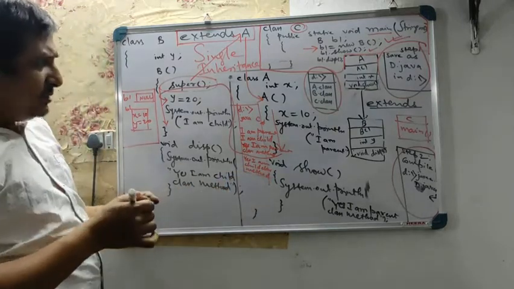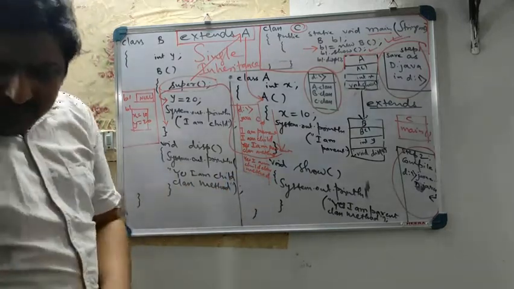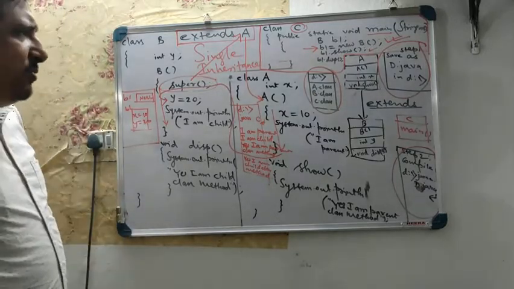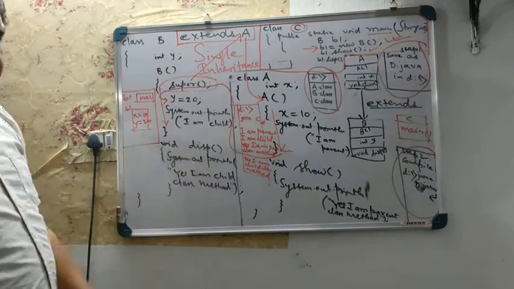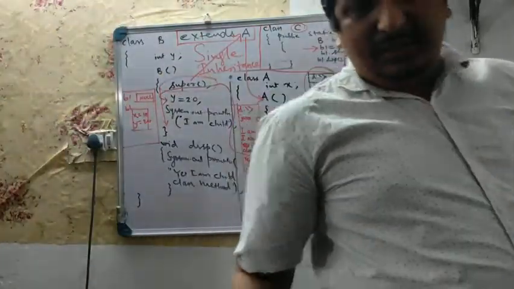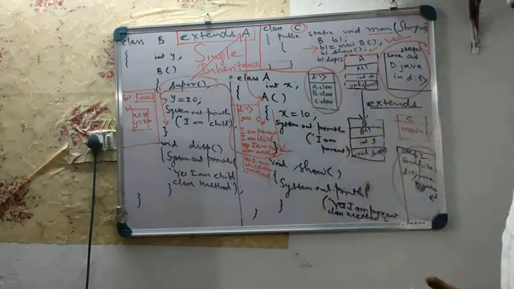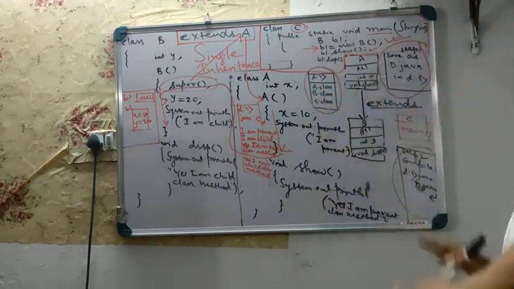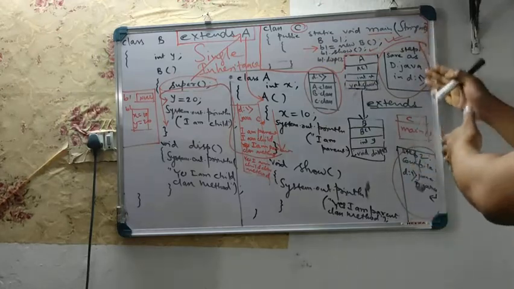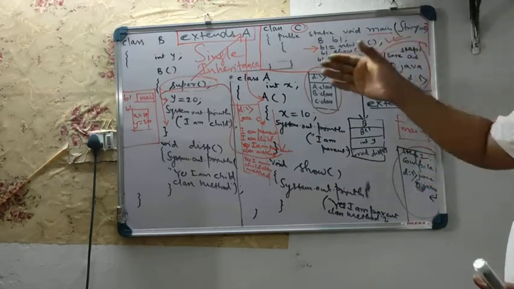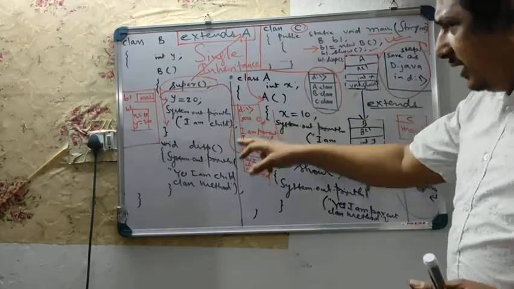So I suppose all of you understand this beautiful concept of inheritance in a very small way. So what we have discussed so far in part 1: we defined all these 3 classes, class A, class B, class C, and then we saved them. We saved, we compiled, and then we ran.